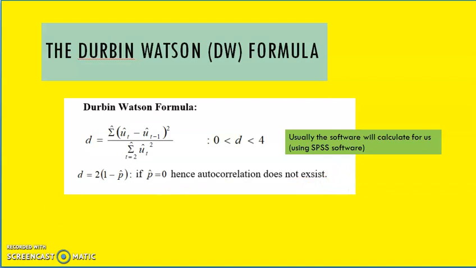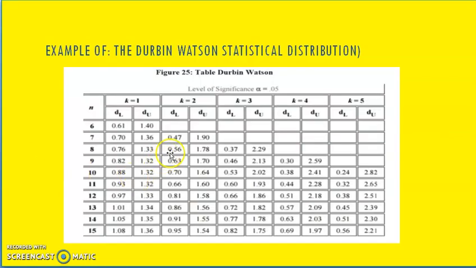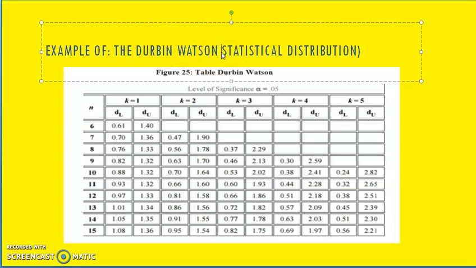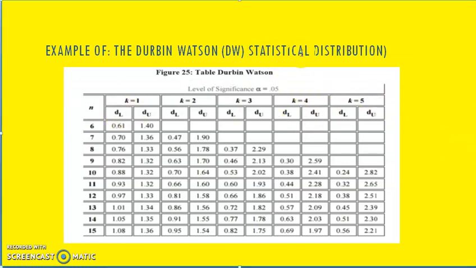Okay, let's continue. Now I want to show you the Durbin-Watson statistic distribution. The statistic distribution for Durbin-Watson depends on the value of k and n, the number of observations.